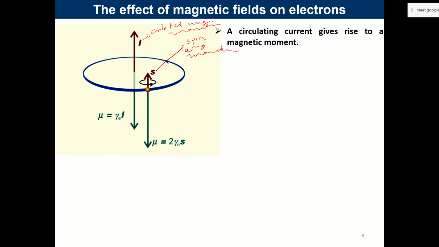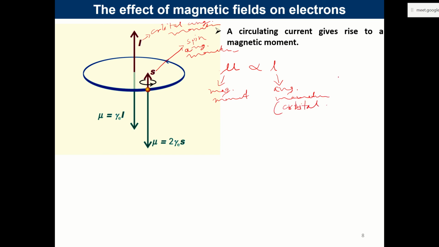This is an isolated case. If you apply a magnetic field, you will find that it generates a certain magnetic moment, and that magnetic moment is proportional to the orbital angular momentum, small l, due to the orbital motion.